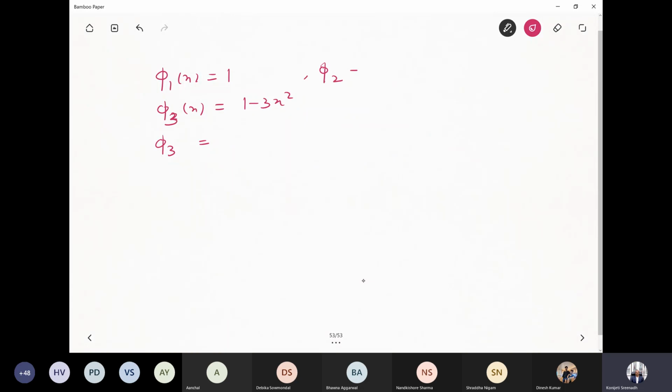So this is phi 0. And the phi 1, the first order one, is x. And phi 4, right?